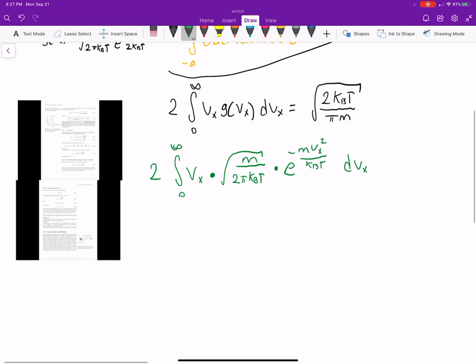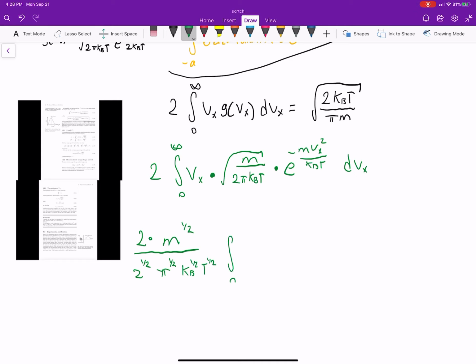Okay, well, I'll pull out the constant. So we have 2, the square root of m over 2 pi kBT, or I'm going to write this a little differently, times m to the 1/2 over 2 to the 1/2 pi to the 1/2 kB to the 1/2 and T to the 1/2.